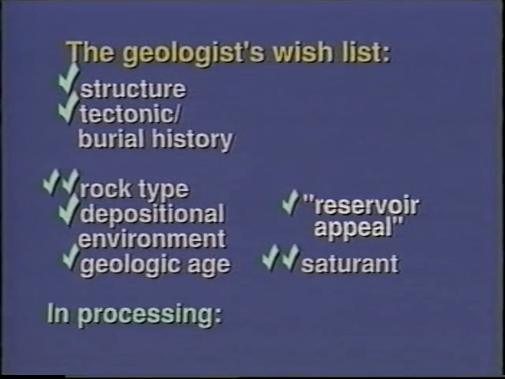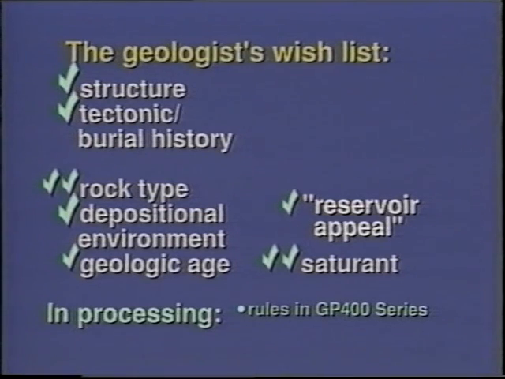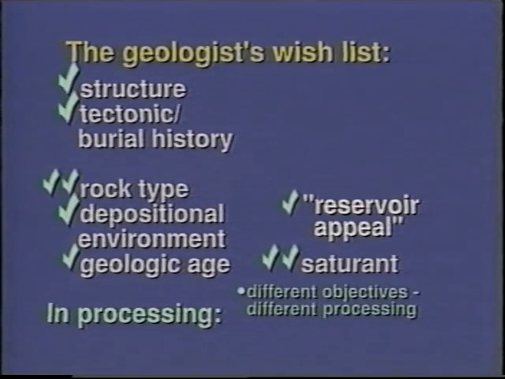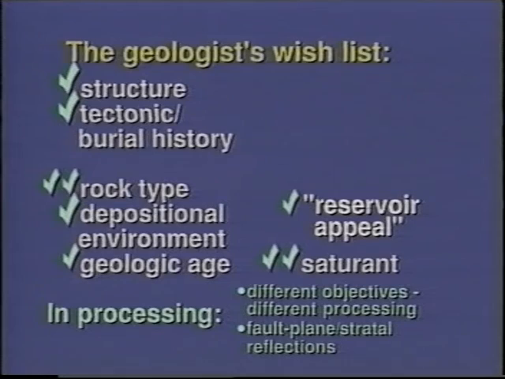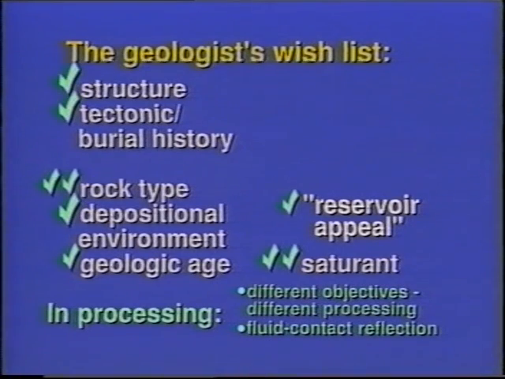The processors also must understand these objectives. We shall learn all the rules later, of course, but right now let's stress that different objectives need different processing. The optimum processing for structure is not that for stratigraphy. That for fault plane reflections is not that for stratal or unconformity reflections, and that for a gas-water contact is quite different again.